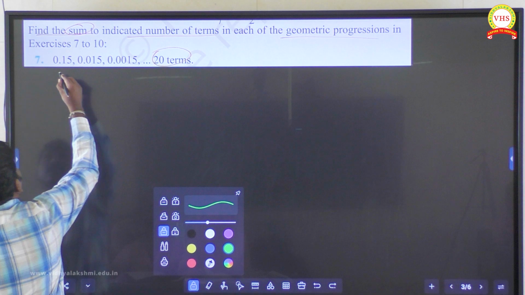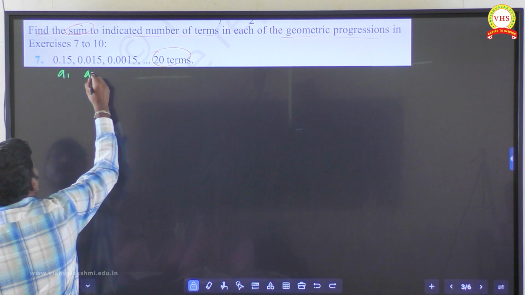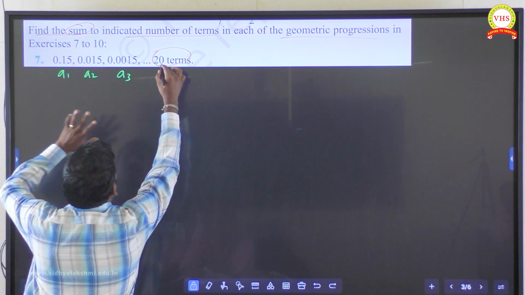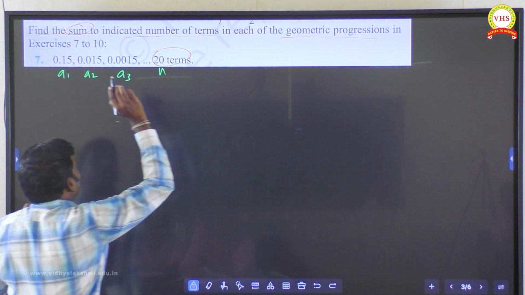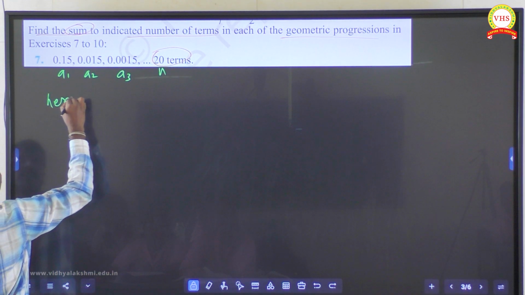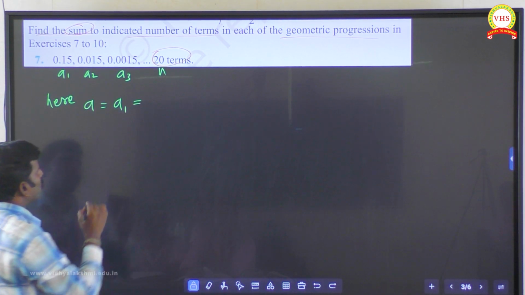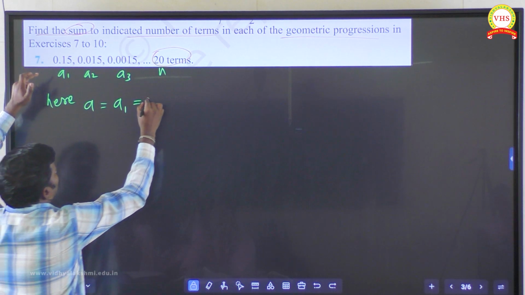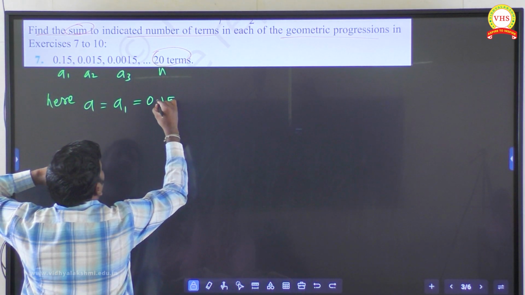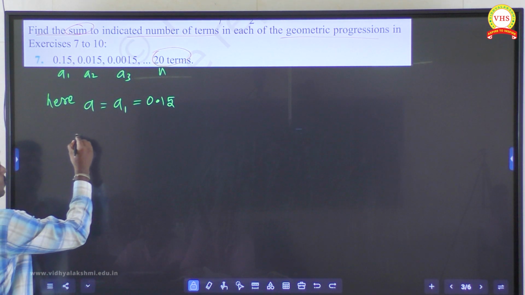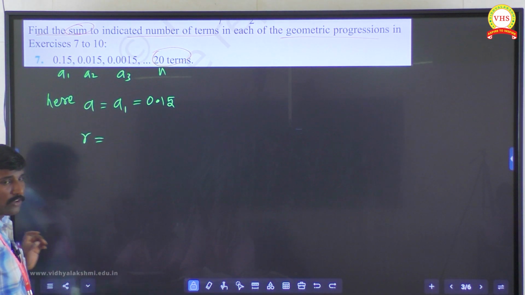First, here this is my a1, a2, a3, going till a_n, the number of terms given. Here a equal to a1, which is 0.15. That is my a. And the common ratio, what is the formula?